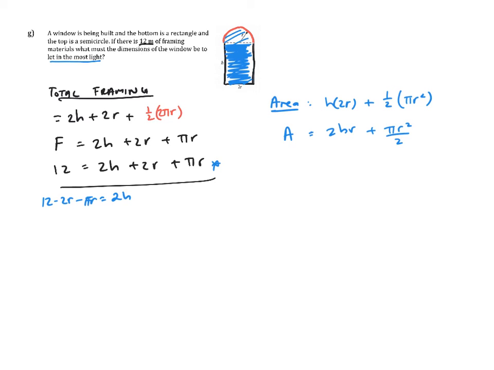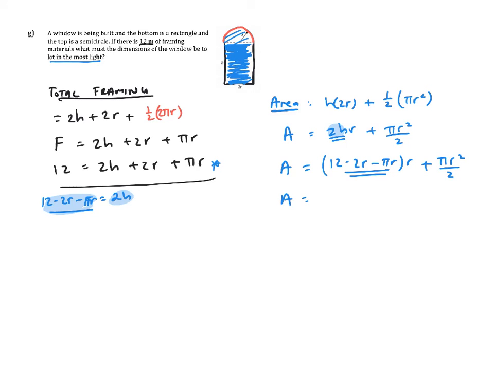All right, so therefore we can say the area is equal to, and remember we substitute this all in for the 2h there. So do you see there's a 2h, just substitute that in. So what we've got is 12 minus 2r minus pi r times r. So that's 2h, plus pi r squared over 2.